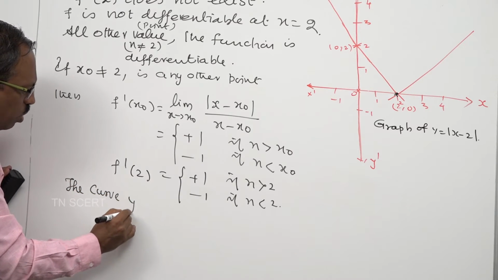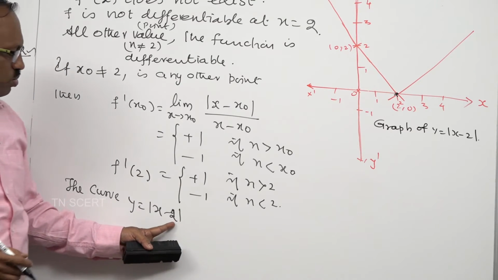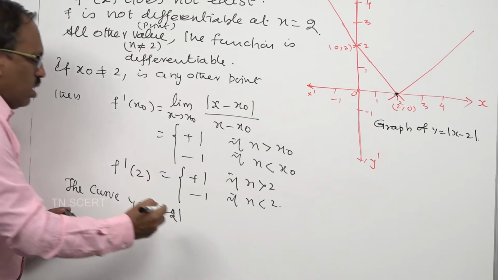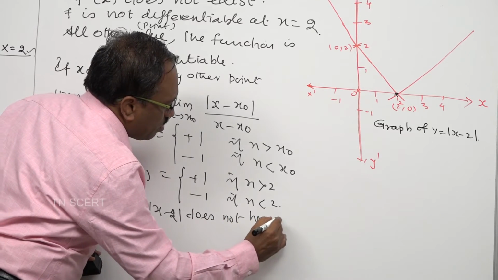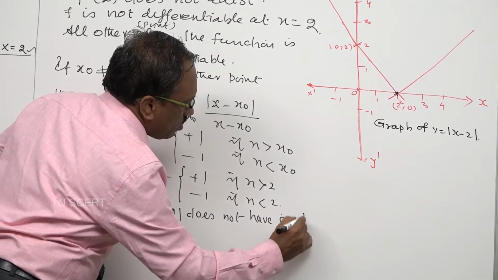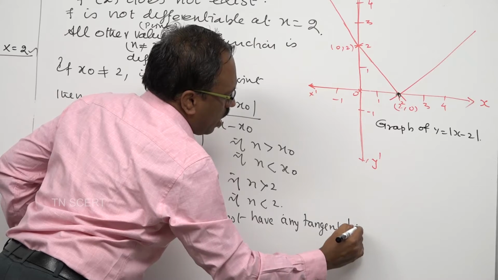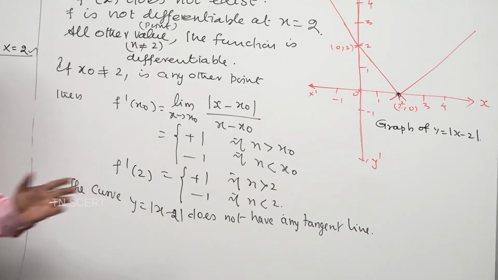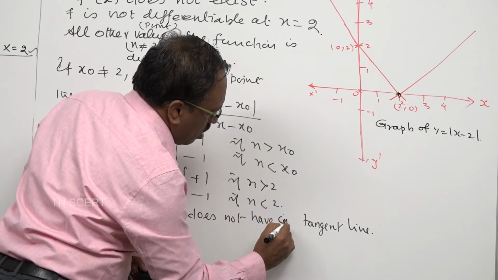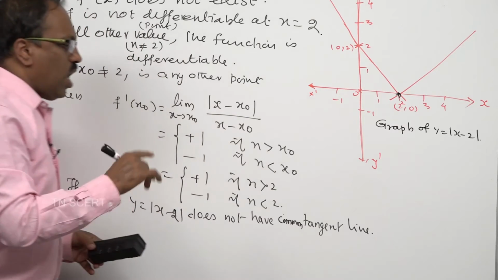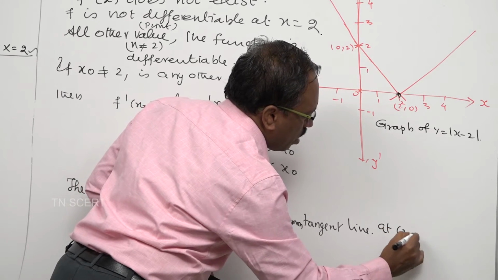The curve y is equal to modulus of x minus 2 does not have any tangent line at x is equal to 2, at the point 2 comma 0.